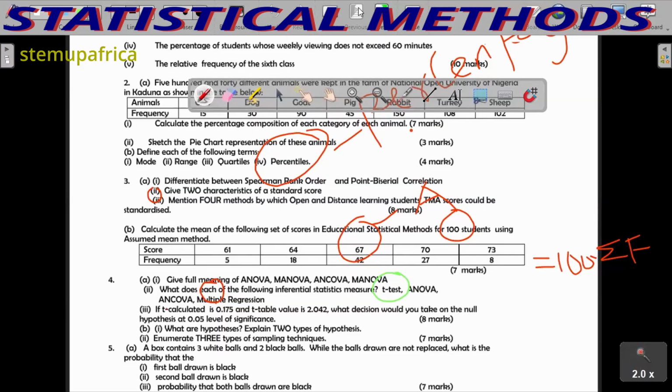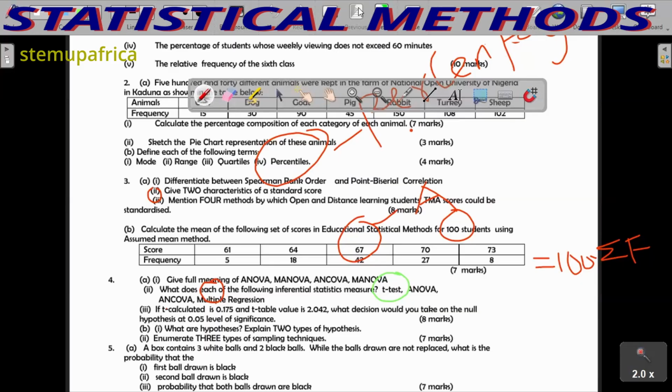So the question is, what decision will you take on the null hypothesis at 0.05 level of significance? The null hypothesis means that somebody makes a statement: there's no difference in performance between boys and girls in mathematics. We also have the alternative hypothesis, which says there's a significant difference between boys and girls in mathematics.